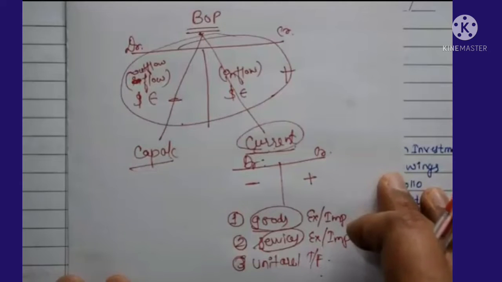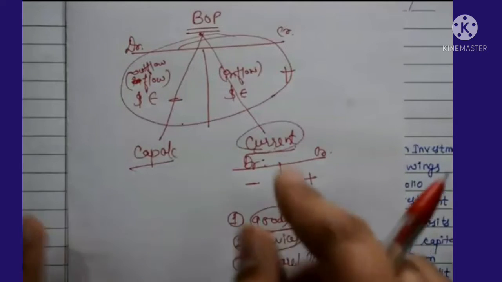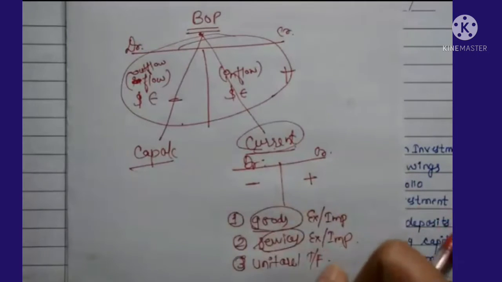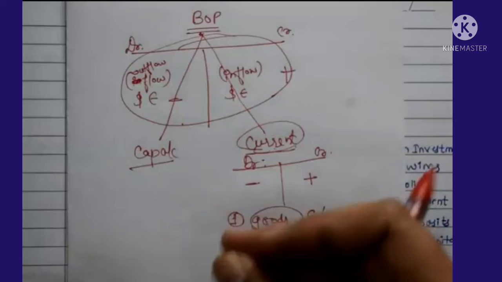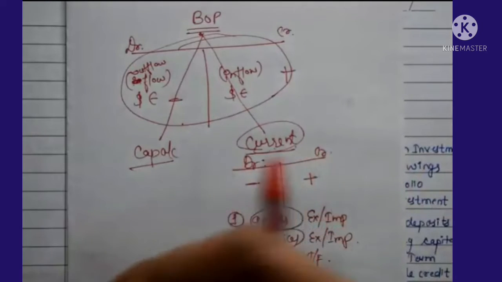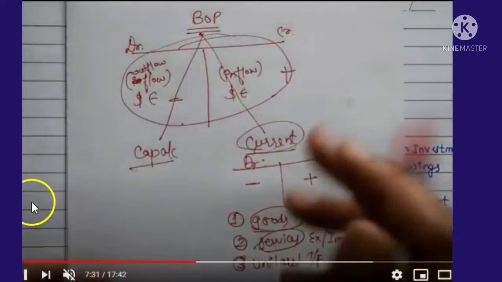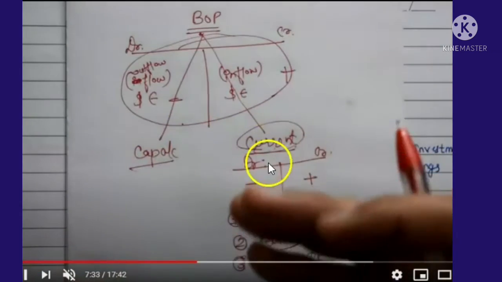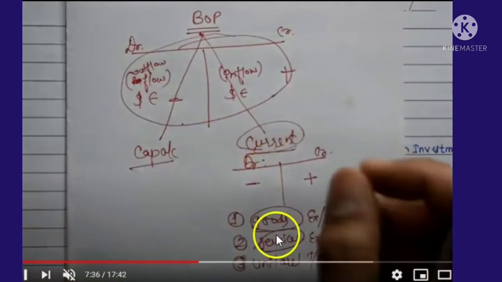That is, if a person is staying abroad and we have to give some gift to our friend who is staying abroad, and we just pay from our nation here, then the gift is reaching there. So that's known as a unilateral transaction. That is a single way transaction. There is no double way transaction. So these may be calculated under this current account.